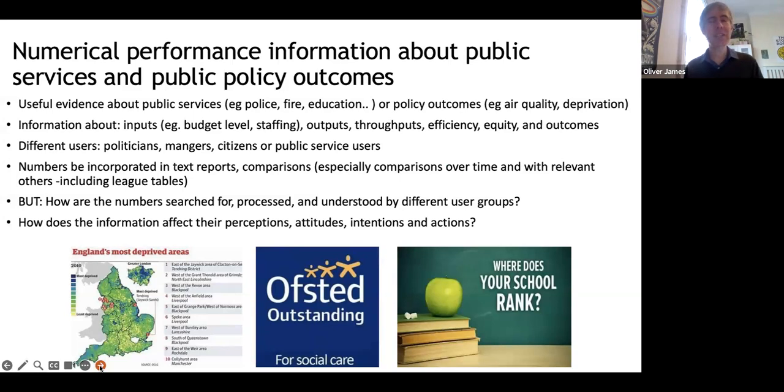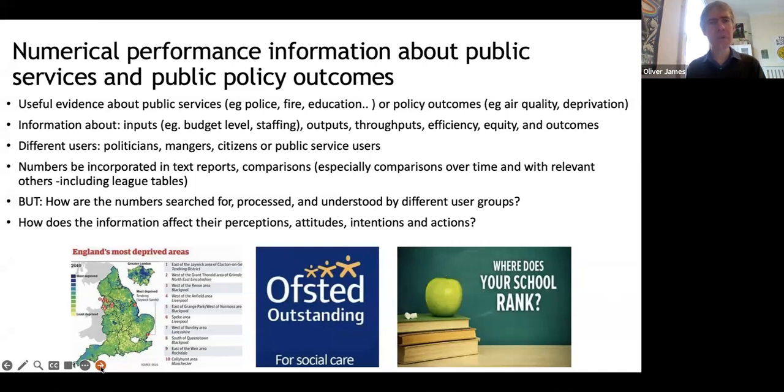But what's particularly distinctive and interesting is the growth of measures of final outcomes that impact on service users and citizens, and really measure the things that we ultimately care about, things like the quality of the air, or people's well-being, or their health outcomes, or happiness measures.